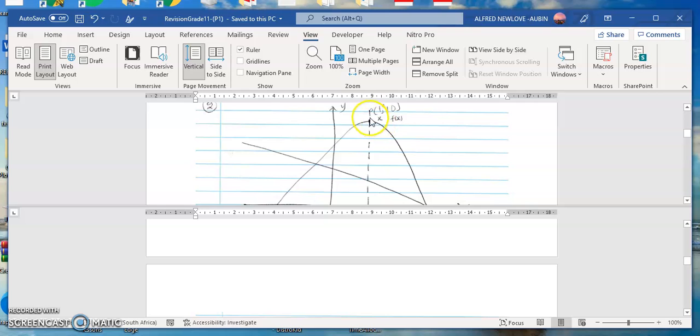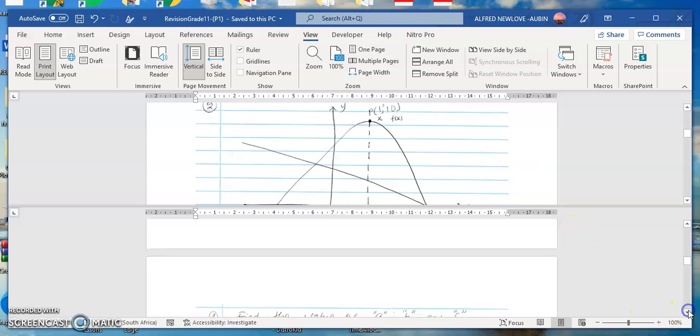We are fortunate we have the turning point, so we can use it. If you have a point here, you can use it, it's fine. Any point on the graph. The turning point is given to us, so it's easy to use that one. So here we can have our 1 and 10 to be our x and f of x.